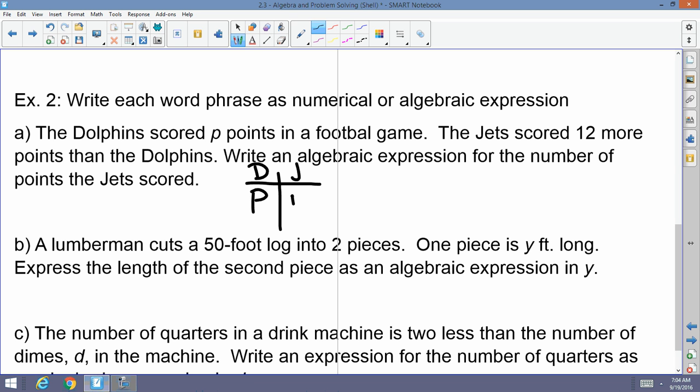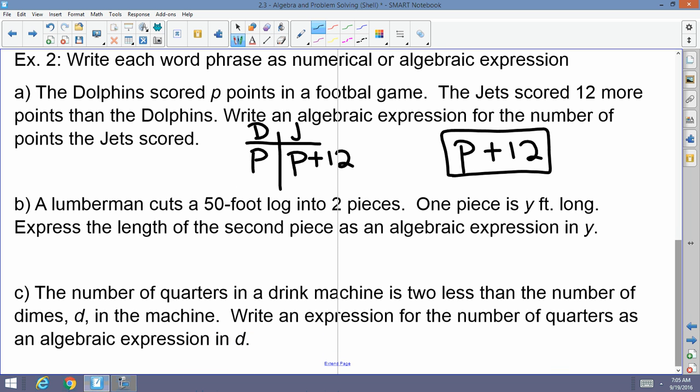So the Jets scored the Dolphins points P plus 12. So what's the algebraic expression for the number of points the Jets scored? P plus 12. It's very simple if you make a table. Please don't get lazy and not write the table. This is going to be a very, very important skill for you, like I said, for word problems.